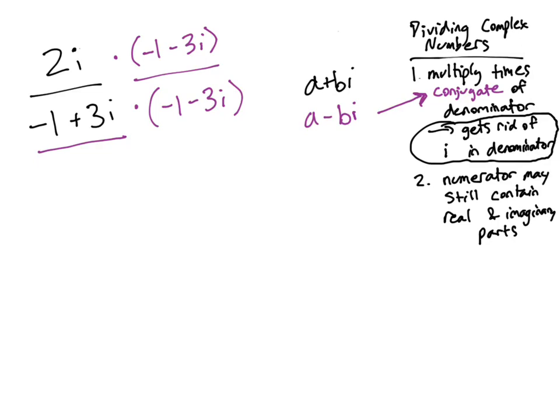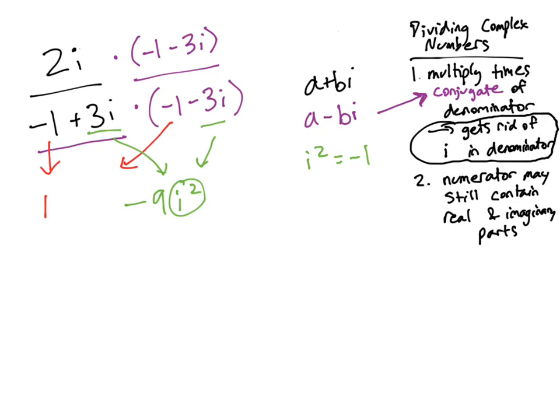When we multiply times the complex conjugate, we know that the imaginary parts are going to cancel out, so we just need to multiply the first two terms together, the real parts of this number. -1 times -1 would give us +1, and we can also multiply together the imaginary portions. 3i times -3i is -9i squared, and remember that i squared is equal to -1.